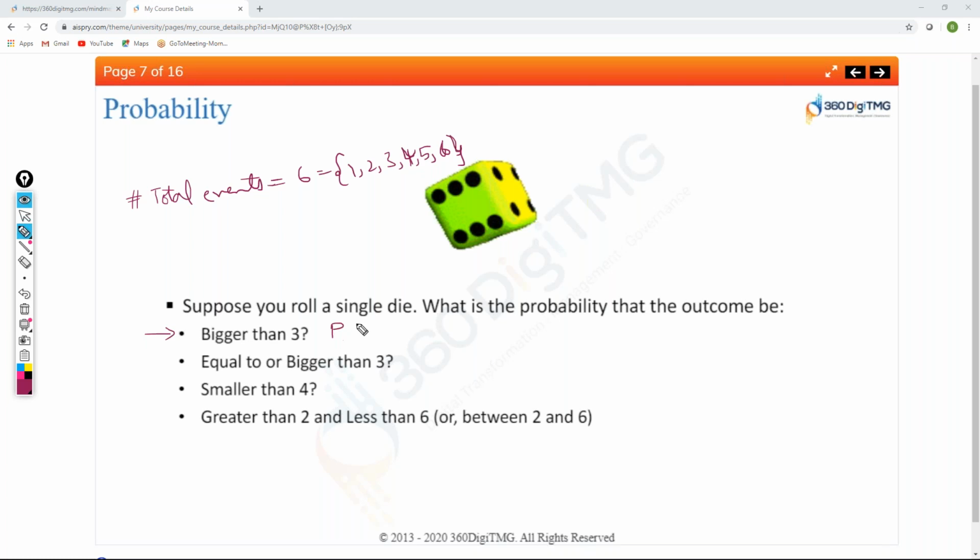Oh, one more thing I forgot. Random variables are always represented using capital letters. It could be a capital A or B or C or X or Y. This roll of a die is called a random variable, and it is represented using a capital letter. And this takes all these values.